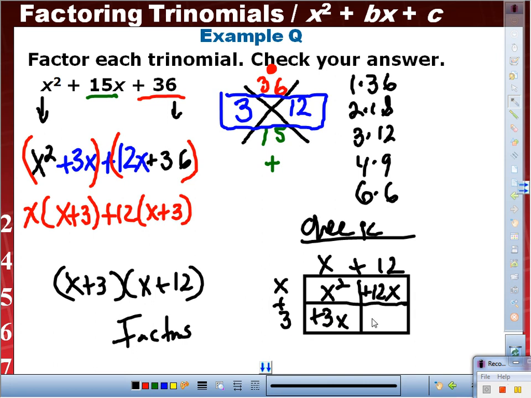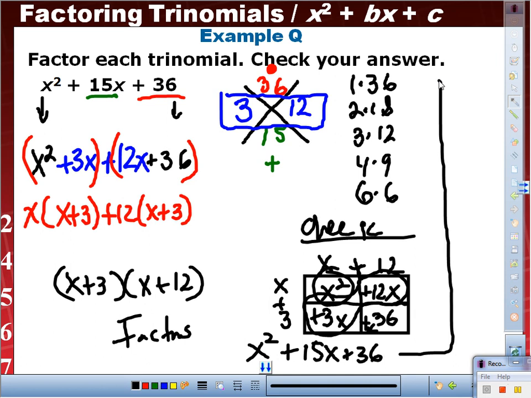And 3 times 12 is 36. So x squared plus, my peanut, 3 plus 12 is 15x. Bring down the plus 36. Did I end up with what I started with over here? Check. Copy that, please. Let's go.